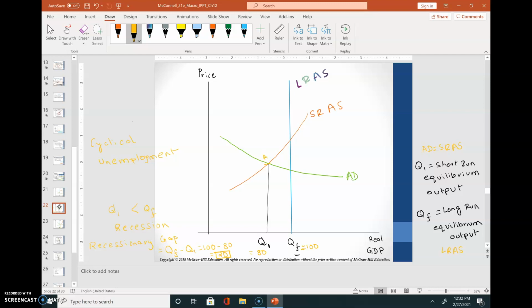So I just use some numbers here. QF, let's say the full employment output level is 100 and the actual output level, which is Q1, is equal to 80.